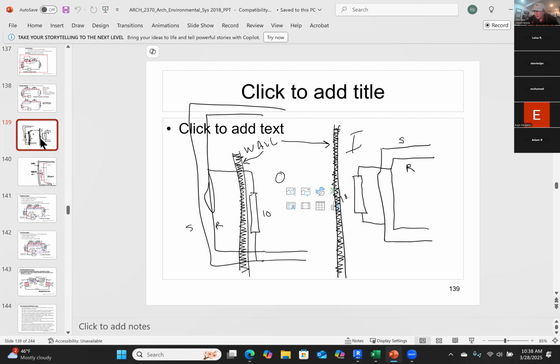But we will choose one of these systems, and we will either draw it or have it done in AutoCAD into the plans that you've given us. That's a part of the grade, yes.